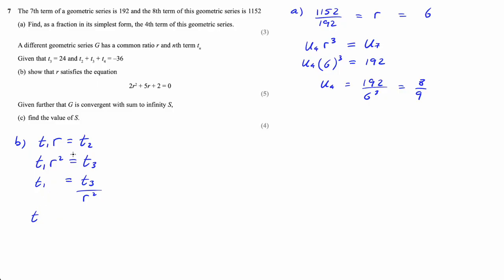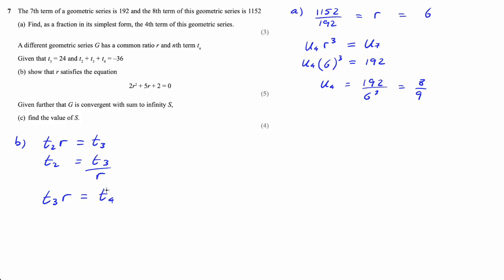Sorry guys, hang on, let me start this again. Okay, I can write T2, T3, and T4 in terms of T3. So T2 times r equals T3. And that means T2 is T3 over r. And then T3 times r equals T4.